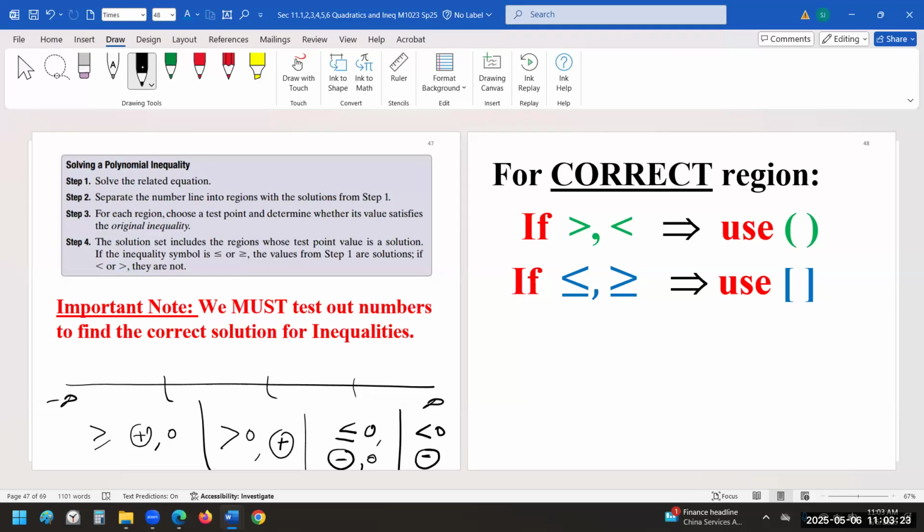However, if the inequality has an equal sign, then the boundary of the set, the interval, will have brackets. So an equal sign gives us a bracket. No equal sign gives us parentheses.